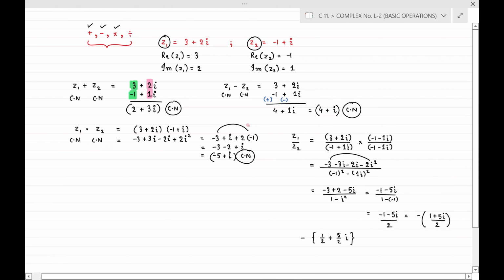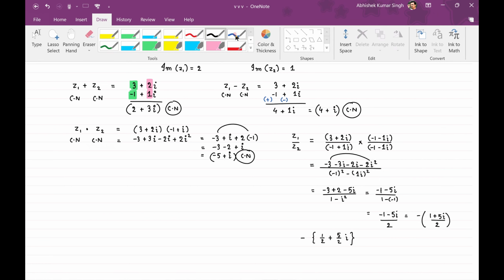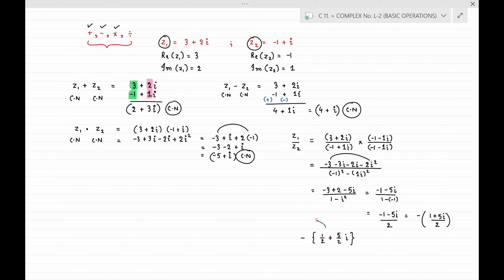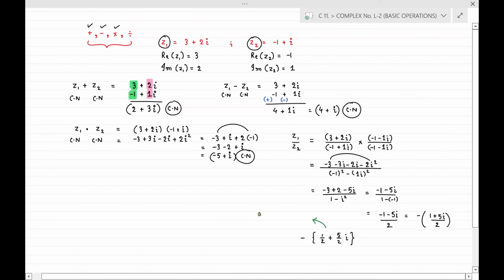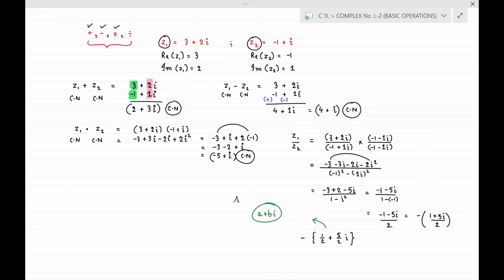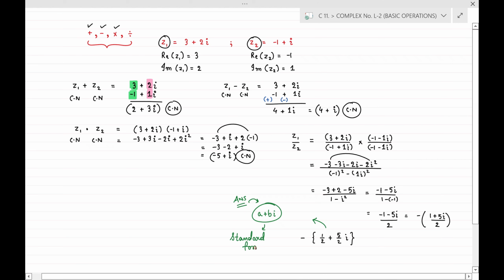Now keep in mind, always you have to write in the format of a plus b iota. The answer must always be in this format. This is known as the standard form of a complex number. So always keep your answer in standard form.